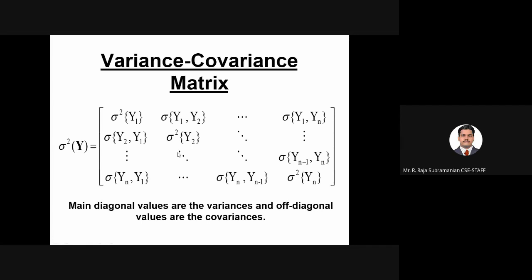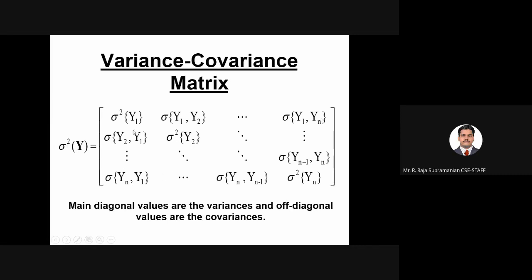If they are equal to 0, then the covariance matrix is good, and we can go for the multiple linear regression containing all the independent variables. If the other terms are not equal to 0, at least their covariance should be as low as possible. The covariance between y1 and y2 should be as low as possible, and between y1 and yn should be as low as possible, and so on, right?